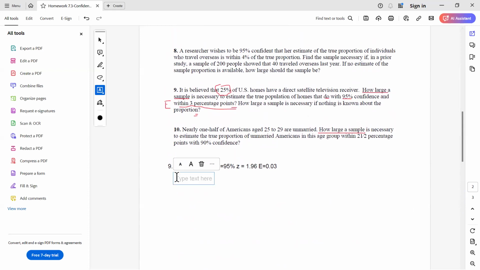Now, the second part of this, if I don't know anything about the proportion, then when nothing is known about the proportion, always use the most conservative estimate you can and still get away with it. You always use 0.5. That's the rule of thumb.